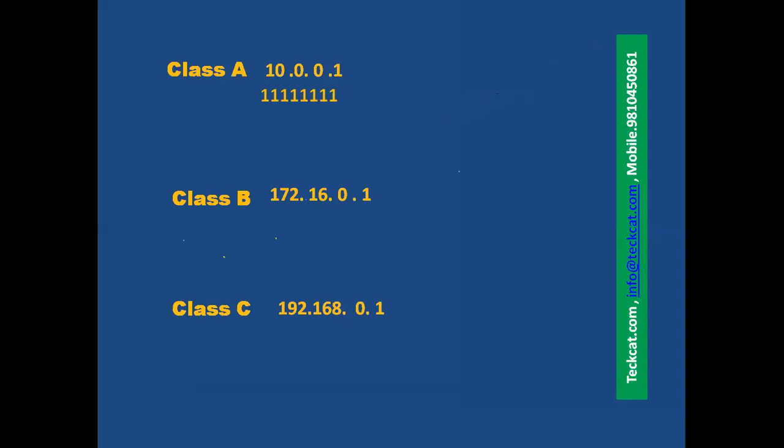When you write 8 ones, you are indicating that 8 network bits are here and 24 bits are host. When you convert the binary into decimal, that becomes 255.0.0.0.